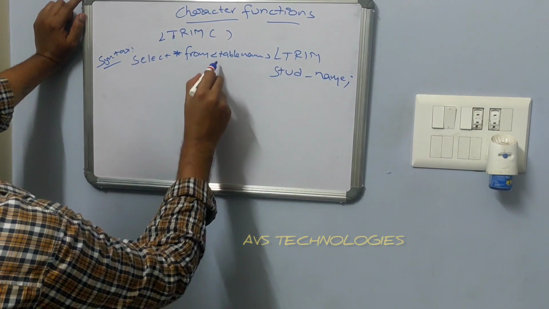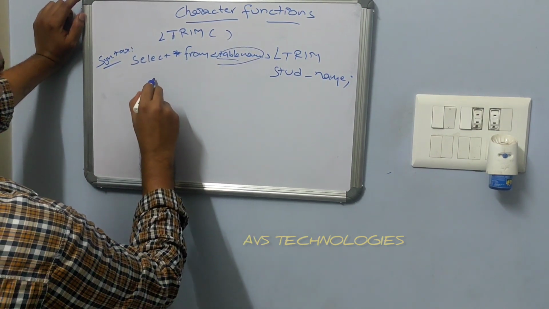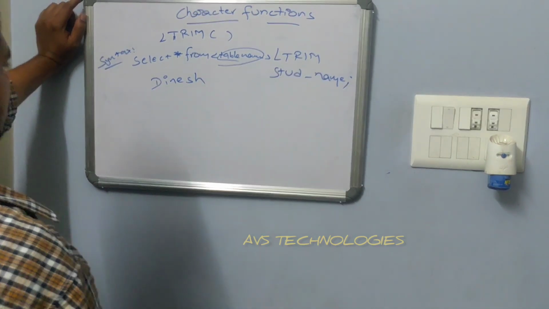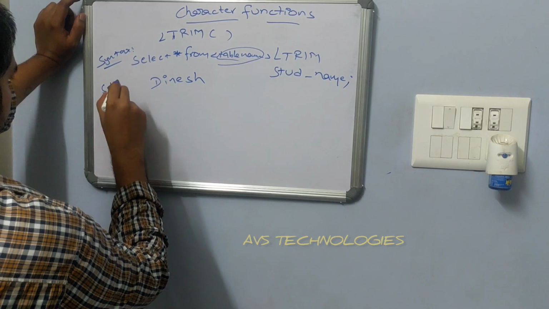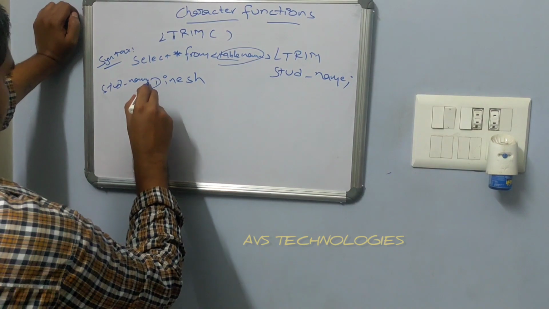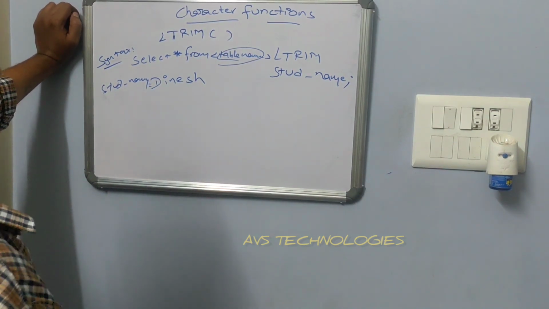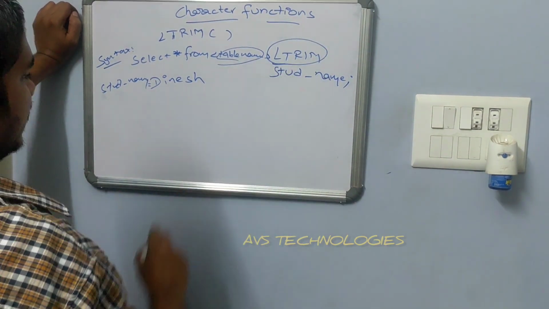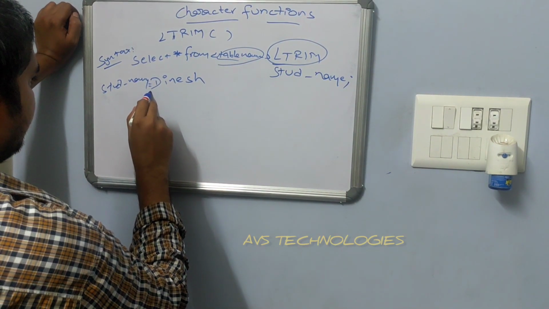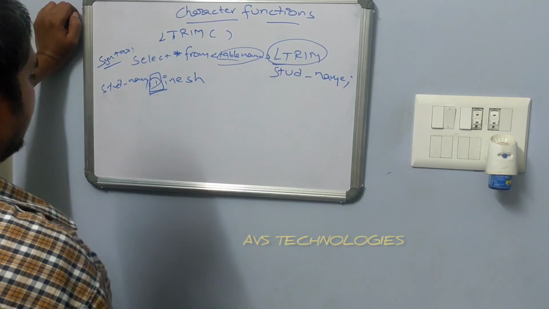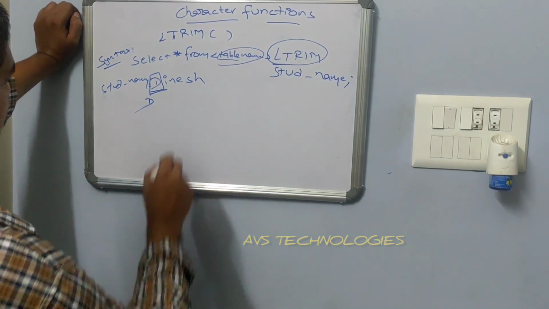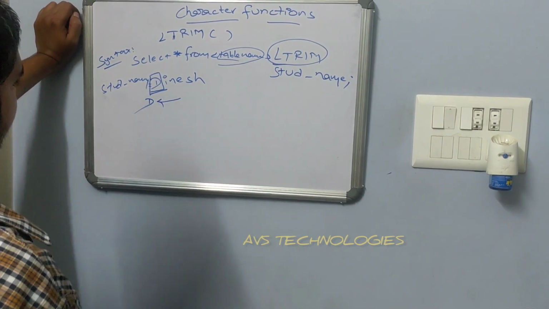Say in this table the student name is Dinesh. When we perform this ltrim function, it will trim the left side of the name Dinesh.